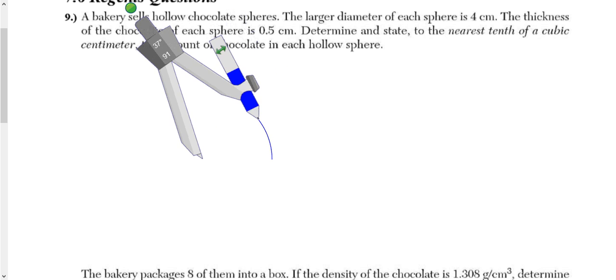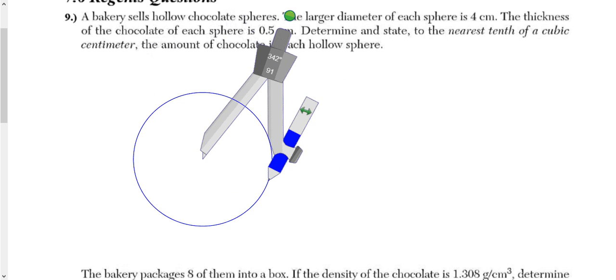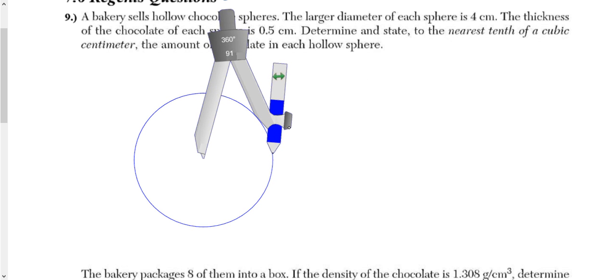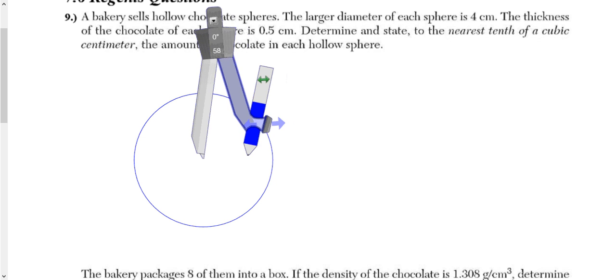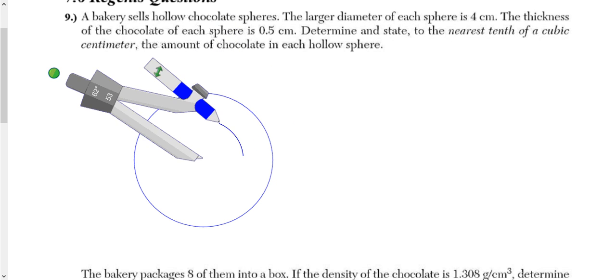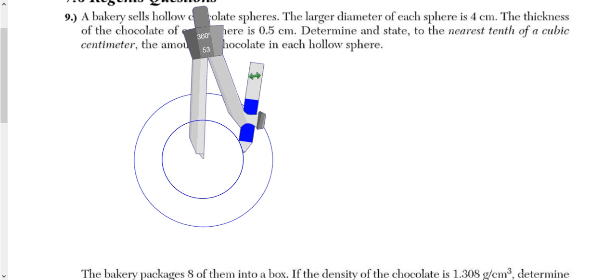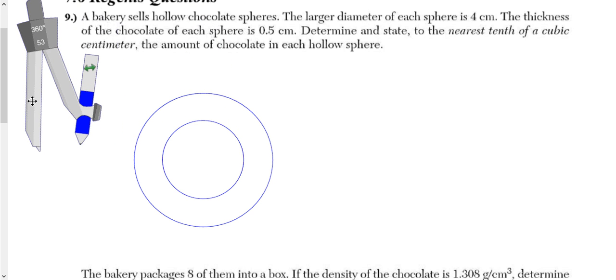Let's draw the outside of it, and I'll keep my compass point in the middle there, and I'll just make the smaller one. See how nice this works? I'm going to have a nice diagram here. I could draw pretty good circles freehand, but to get one right in the center of the other exactly, it's kind of tough.